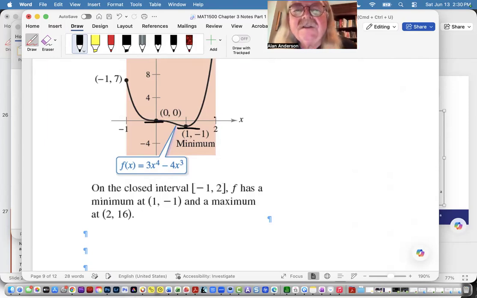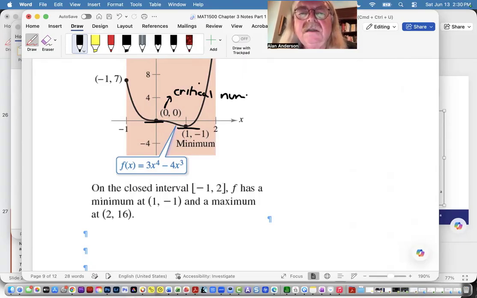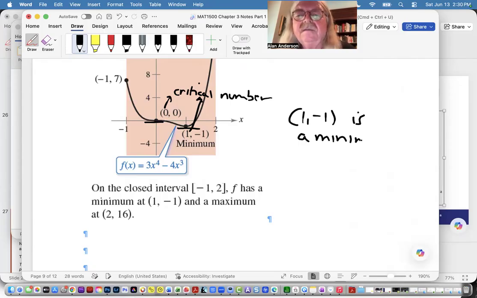Okay. Now here's the interesting thing. This is a critical number, and so is this. And yet you can see very clearly that 1, negative 1 is a minimum, but 0, 0 is not an extreme point. It's neither.